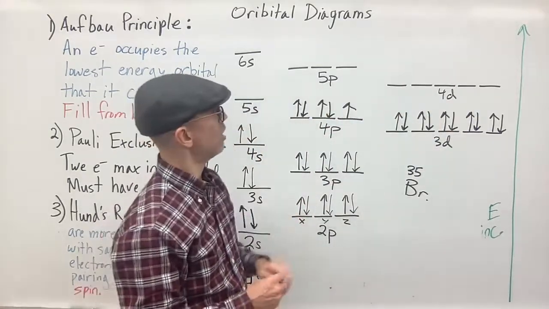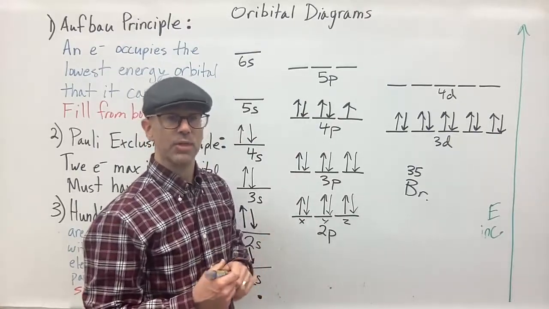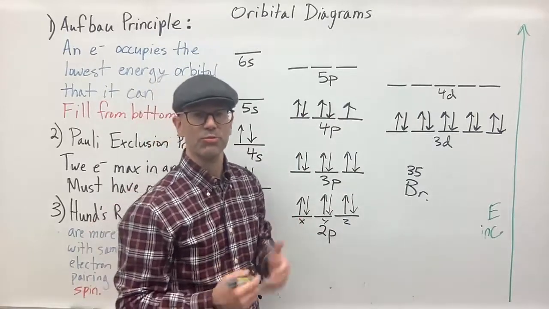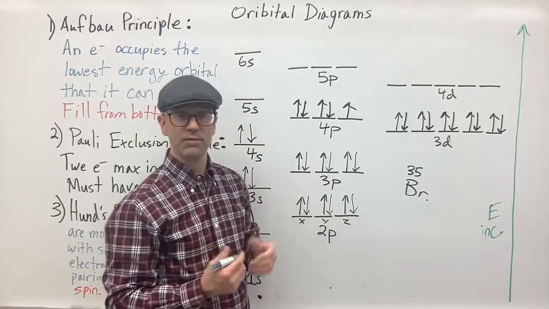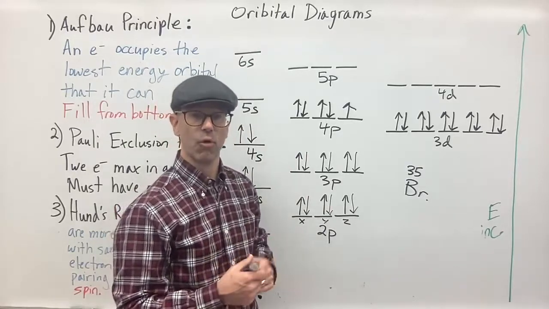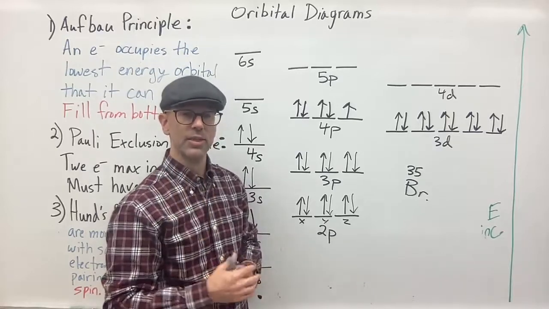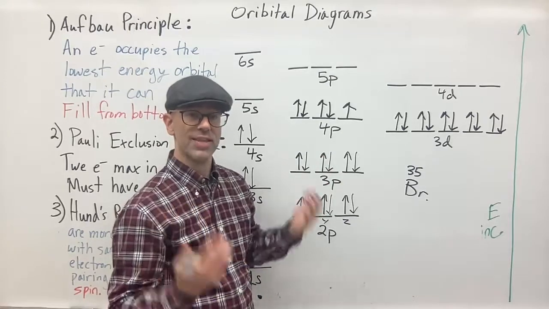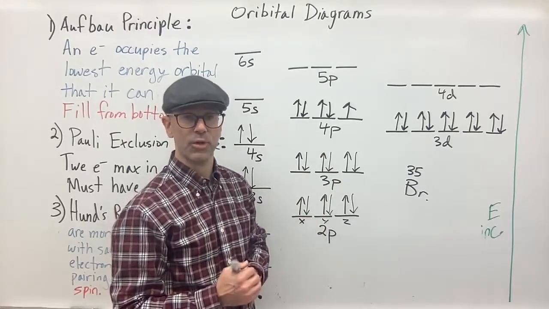And I didn't draw the f sublevel. It's somewhere over there. But if I was to, we saw before that the number of orbitals in the f sublevel is 7. There's 7 f orbitals. Each orbital holds a maximum of 2 electrons, so an f sublevel with 7 orbitals can hold a maximum of 14.